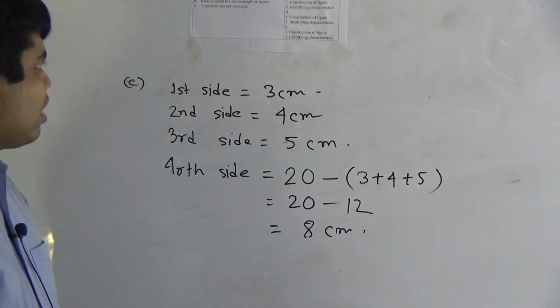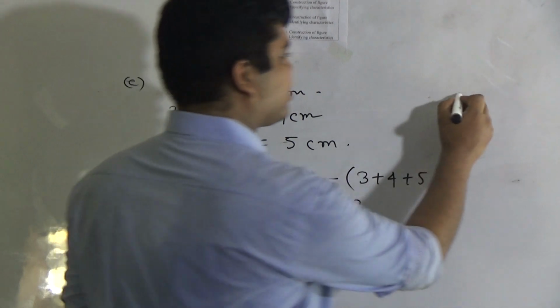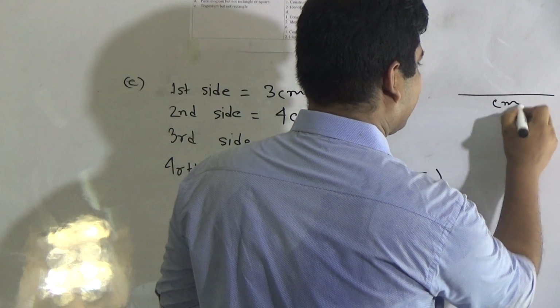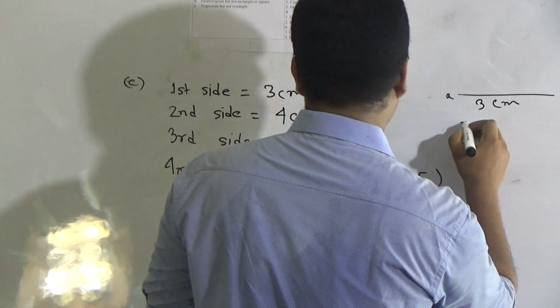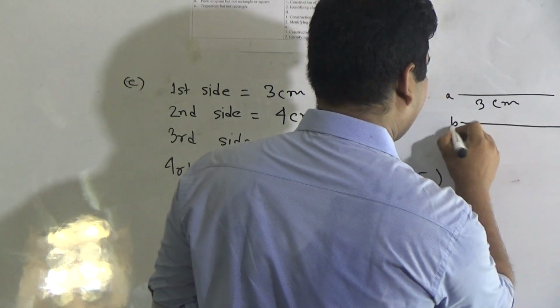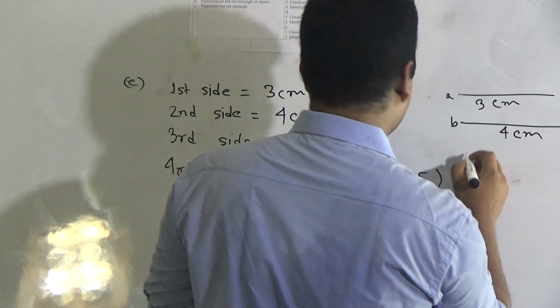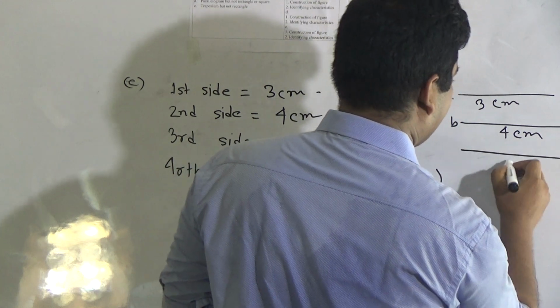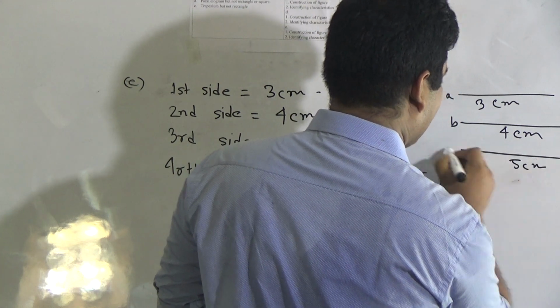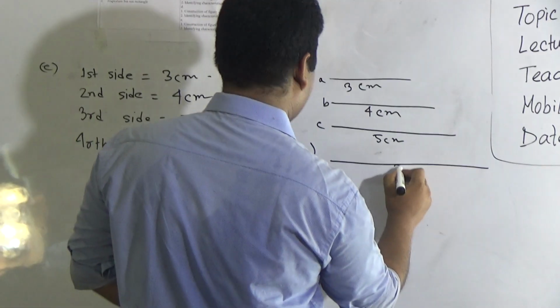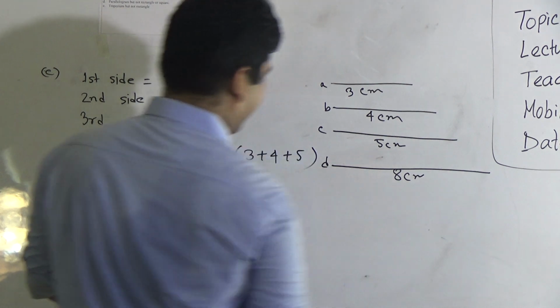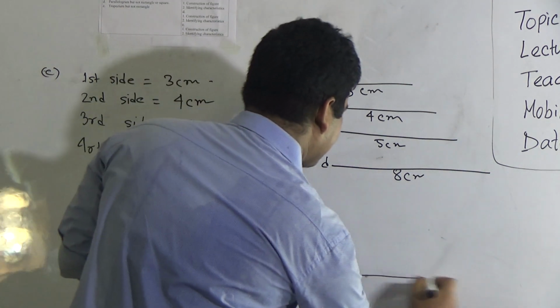a trapezium. So how can, this is 3 centimeter A, this is 4 centimeter B, this is 5 centimeter, it is C, this is 8 centimeter, it is D. So first of all, we take an 8 centimeter line.